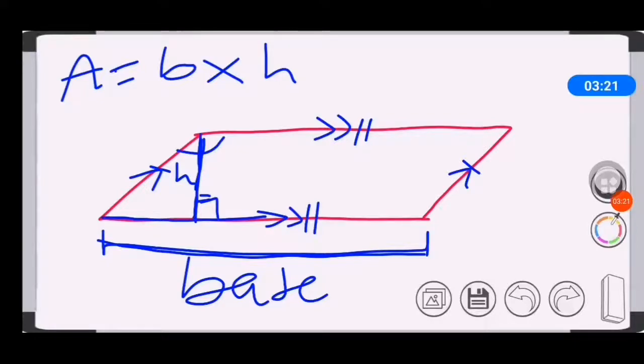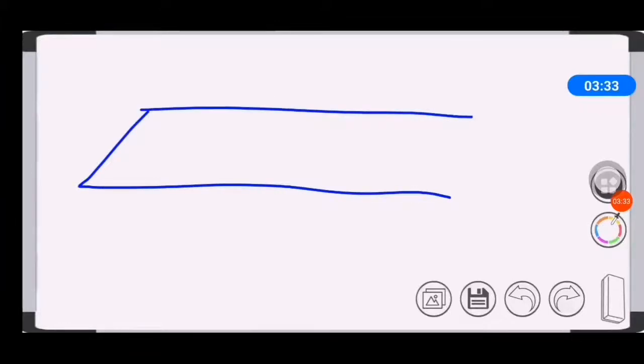Now the garden that we want to make is in the form of a parallelogram. It's not a rectangular form. It is in this shape, and I'm going to give the dimensions here. Let's take this to be 4 units and this is 12 units.